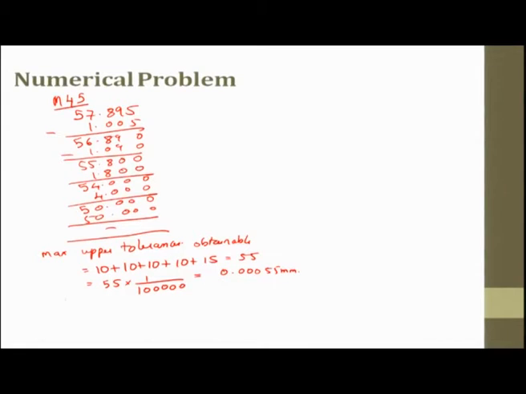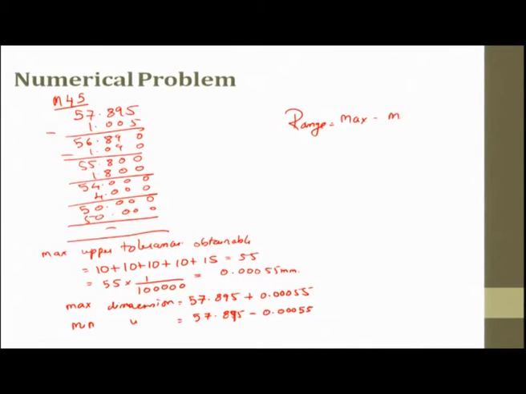So, the maximum dimension is going to be 57.895 plus 0.00055 and the minimum dimension is going to be 57.895 minus 0.00055. Okay. So, what is the range we are talking about? The range is max minus min.